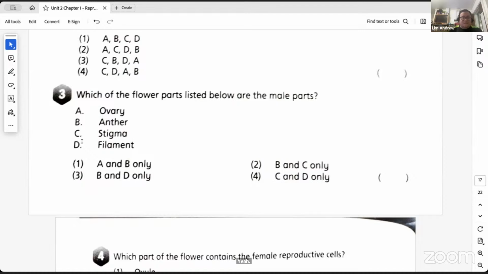So, what's the answer for number 3? Which of the flower parts listed below are male parts? Is it the ovary? Is it the anther? Or is it the stigma or filament? Which one? Mia? You called me, right?